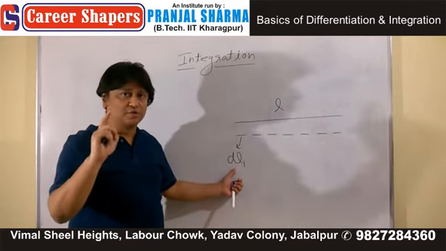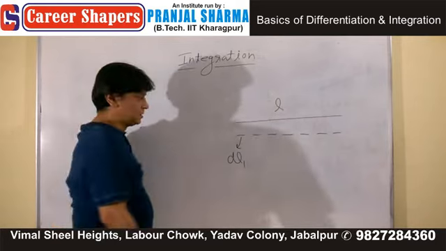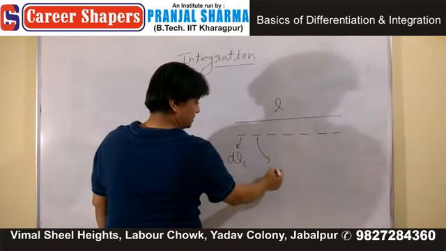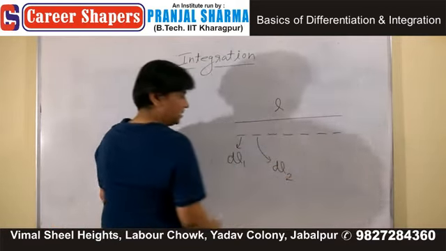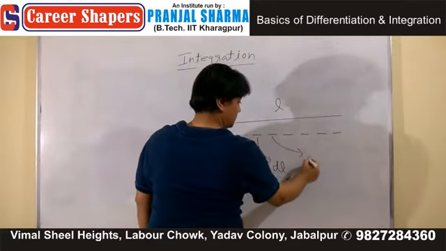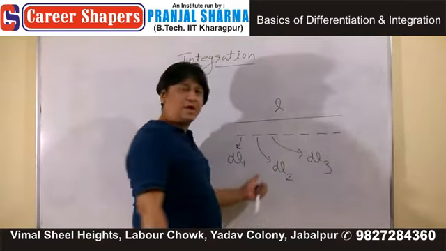D means something which is very, very small. This length is dl2, this length is dl3, and so on.